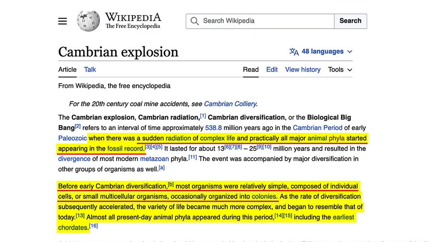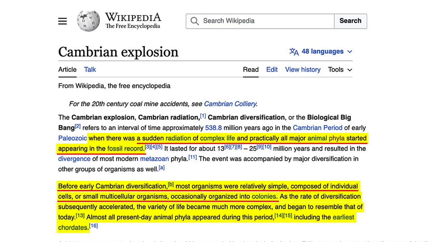So here we have from Wikipedia the definition of the Cambrian explosion. And notice the part that's highlighted. When a sudden radiation of complex life occurred and practically all major animal phyla started appearing in the fossil record. Now, that's from Wikipedia.